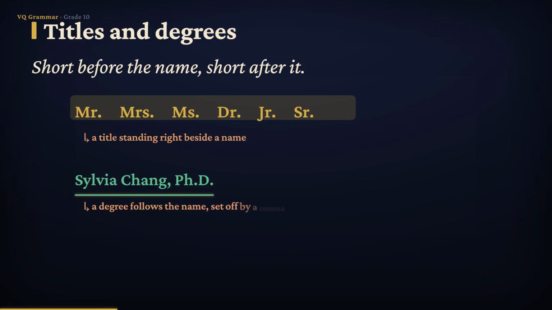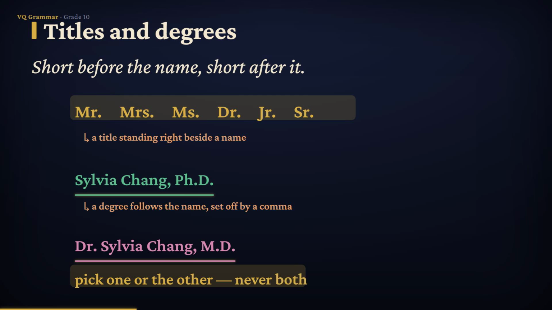They follow the name, set off by a comma. Sylvia Chang, PhD. Now here comes the trap, and it's a common one. Do not double up. Writing Dr. Sylvia Chang, MD, tells your reader the same fact twice. The Dr. in front and the MD behind carry identical information. Pick one or the other, and never both.